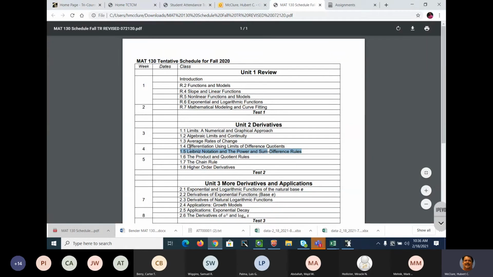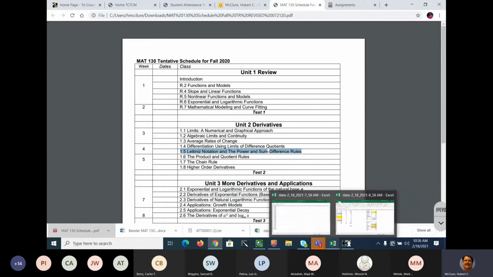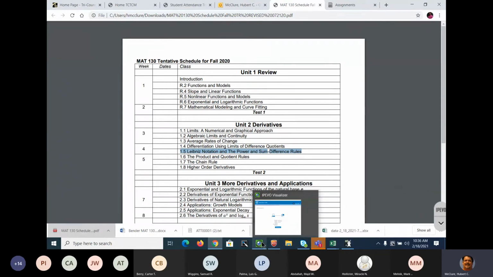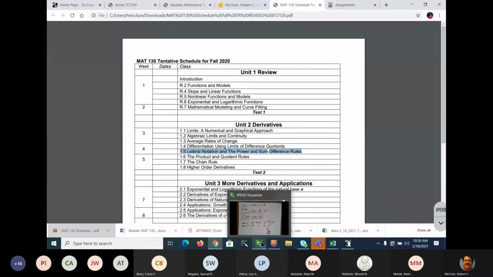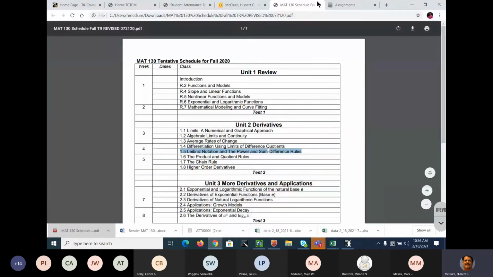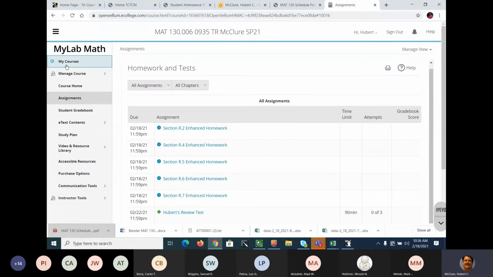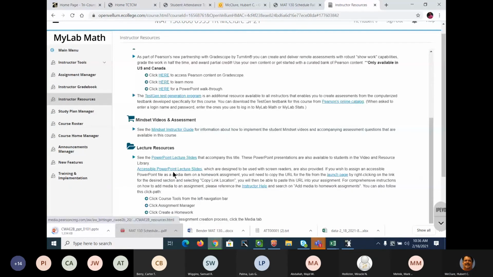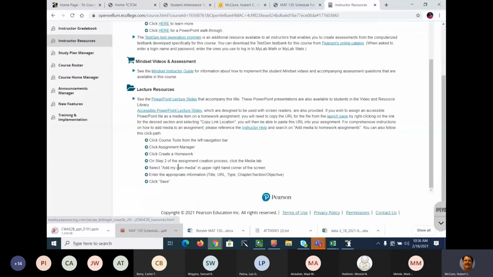So let me pull up the handy dandy homework for one. Let's see, that'd be instructor tools, resources, PowerPoint. Where's the PowerPoint? There we go. And 1.1, 1.2, and 1.3.